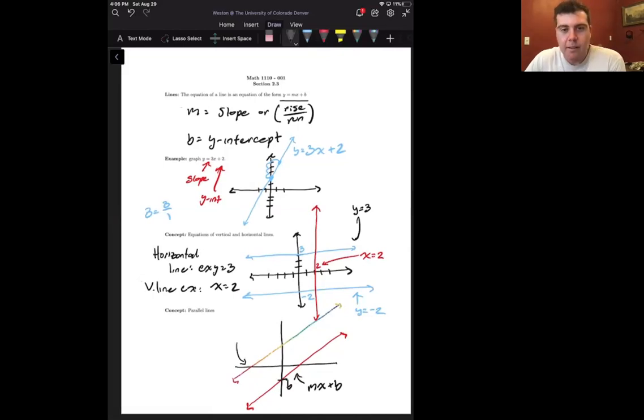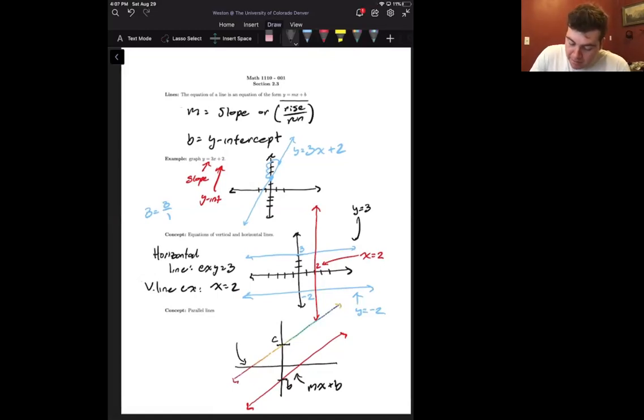This line is parallel, so it's changed a little bit. But one thing hasn't changed and one thing has changed. The y-intercept definitely changed. It's now a value that we'll call c. But as we can see from the picture, it has the same slope.